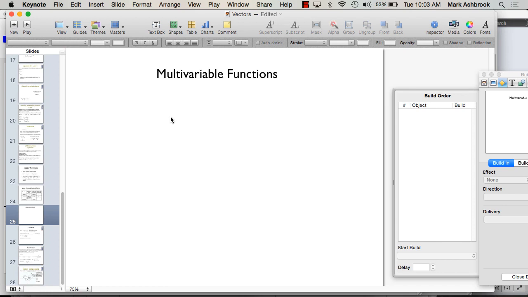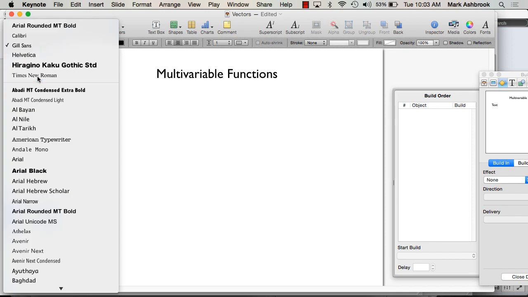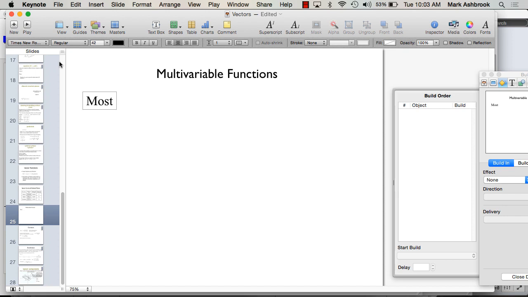Okay, multivariable functions. Most functions today in your career have been of the form what? Single variable, real valued functions.